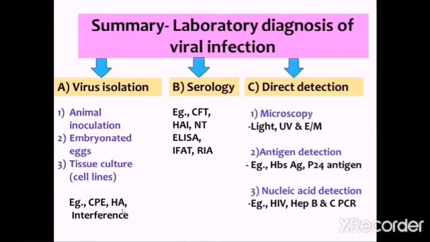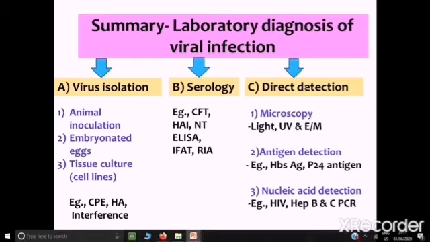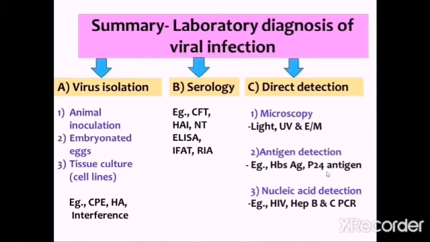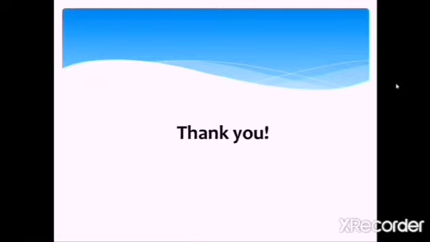There is another method, hemadsorption interference method, and you can also detect viruses in a cell culture with the help of serology, like complement fixation test, hemagglutination inhibition test, neutralization test, ELISA. We have radioimmunoassay, etc. Direct detection with the help of microscopy, antigen detection, and nucleic acid detection. And we have already discussed the examples. This P24 antigen is for HIV virus. Thank you.